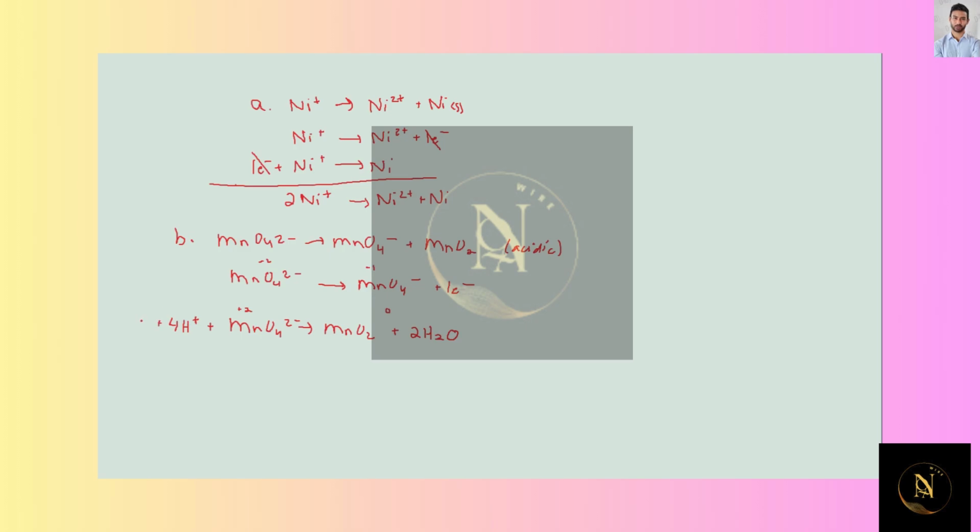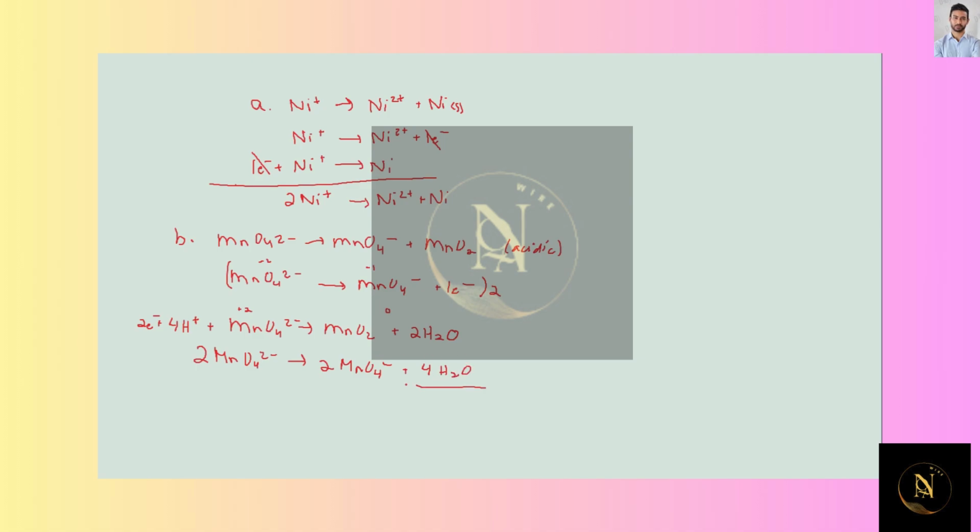So I'm going to add 2 electrons to this one. Now I need my number of electrons to be the same, so I'm going to multiply this reaction by 2, and I'm going to rewrite it underneath here. So now I have 2 MnO4 2- yields 2 MnO4- plus 4 H2O.